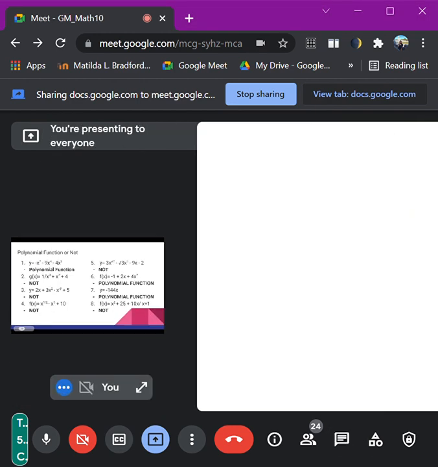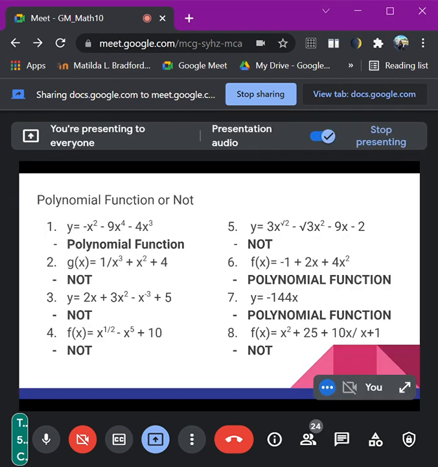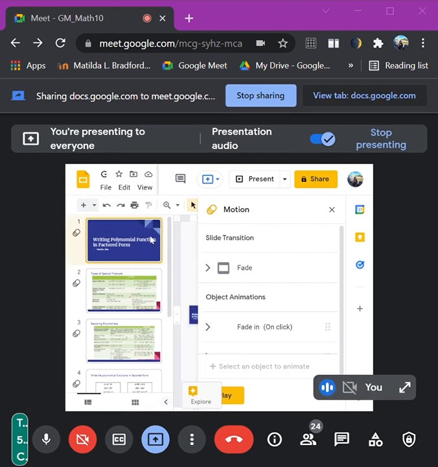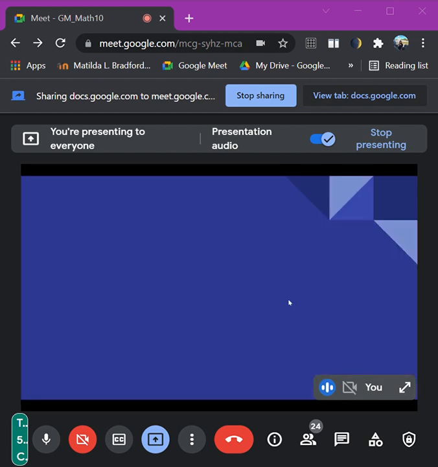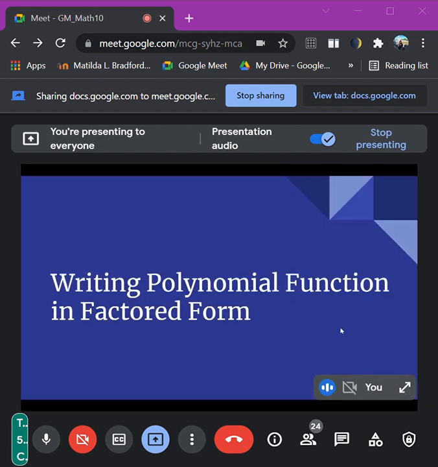Okay, okay. Sige. So now class, since you don't have any questions for polynomial function, now let's move on with our next topic. So we have here writing polynomial function in factored form.